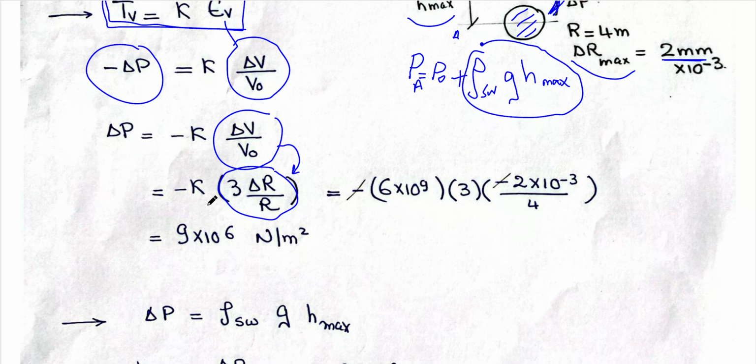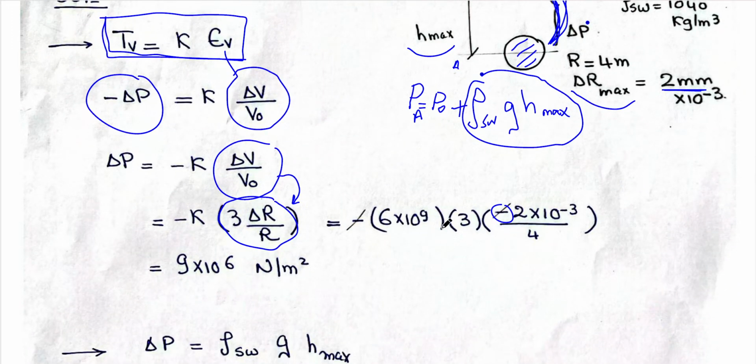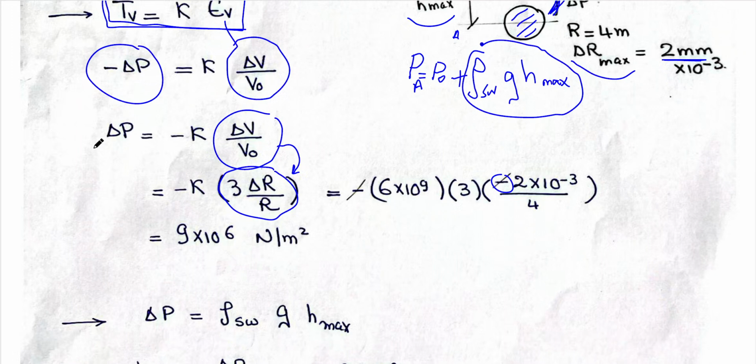Let's substitute negative K, 6 multiplied by 10 to the power 9, times 3 delta R over R. Delta R, it will shrink. That's why I put negative here, and I have another negative, so it will be positive. Delta R over R. So the increase in pressure is 9 multiplied by 10 to the power 6.